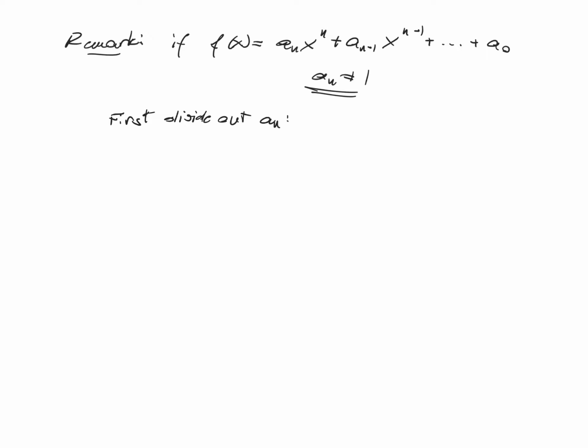So you get some f1 of x, which is x to the power n plus an minus 1 divided by an times x to the power n minus 1 plus up to a0 divided by an. So now for f1 the leading term is again 1. So now you can apply the previous property.